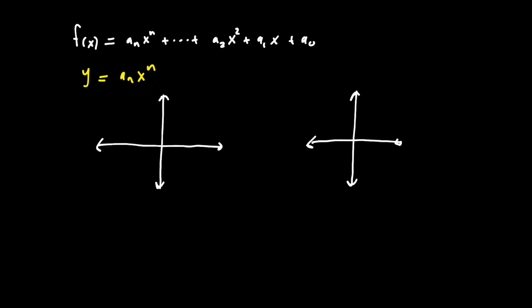In this case, we'll be looking at when our a_n is a negative number. So when a_n is less than 0 and n is even, then the end behavior of a graph will look like the following. And when a_n is less than 0 and n is odd, the end behavior of our polynomial function will look as follows.